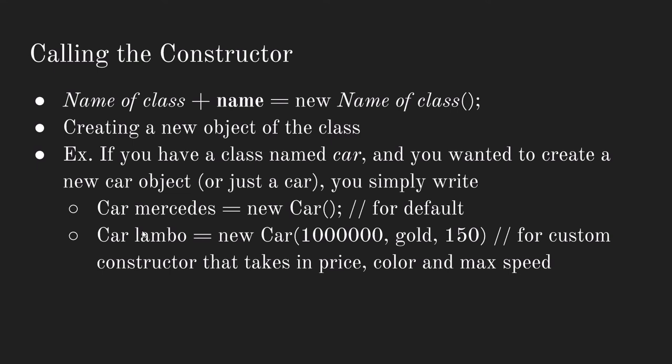If you wanted to create your own custom car, again, you would pass in your very own parameters, and let's say Car Lambo equals new Car, and then you pass in your own parameters that take in the price, the color, and then the max speed.